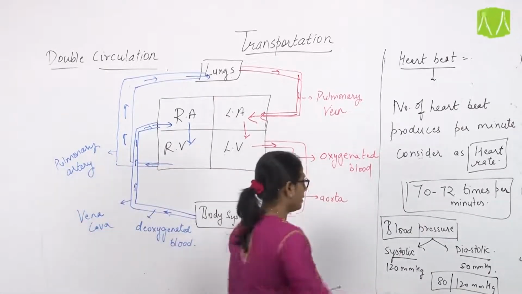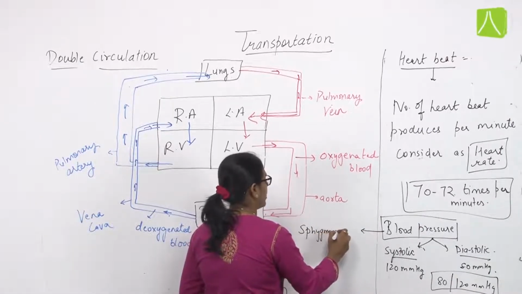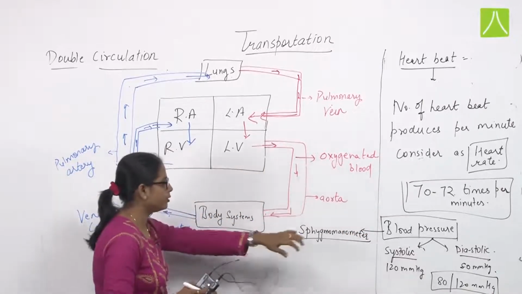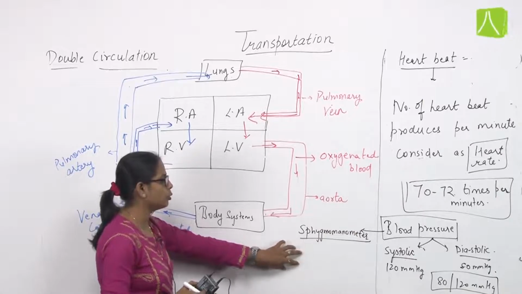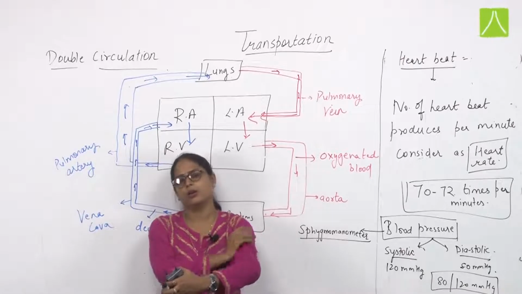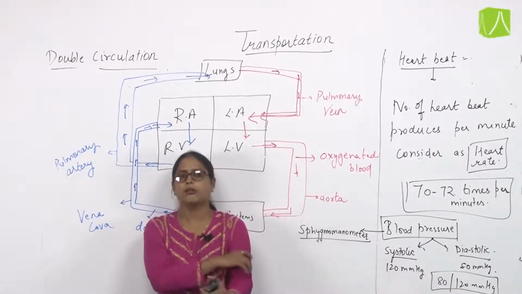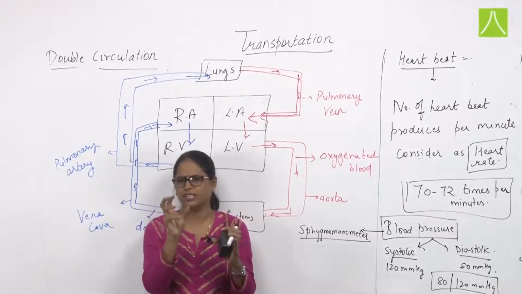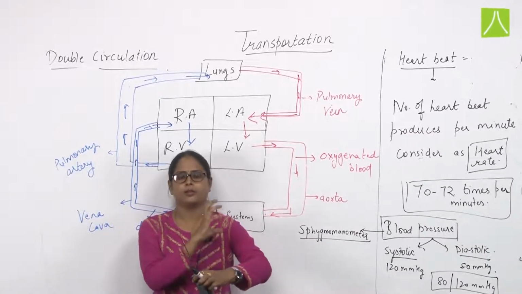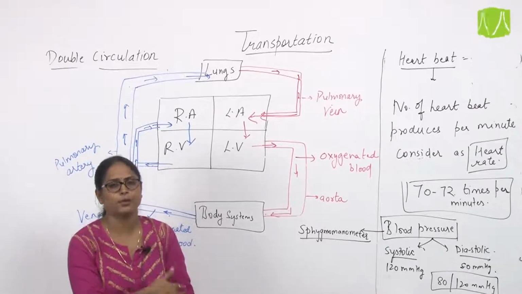This blood pressure is measured by an instrument known as a sphygmomanometer. If we go to any doctor, they put a cuff device on our brachial part, on our arm, and they pump that device with their hand and measure the blood pressure, that is, the systolic and diastolic pressure present in our blood vessels.